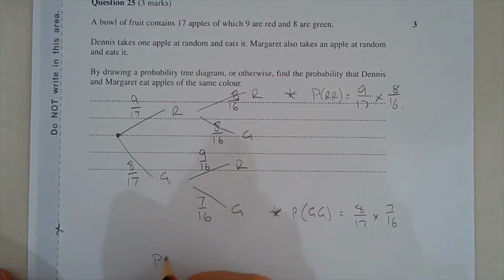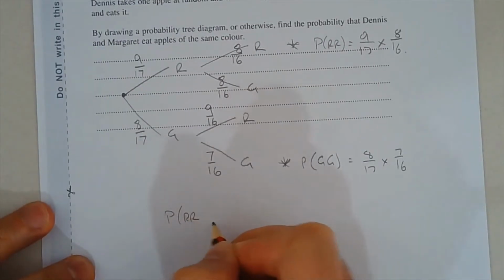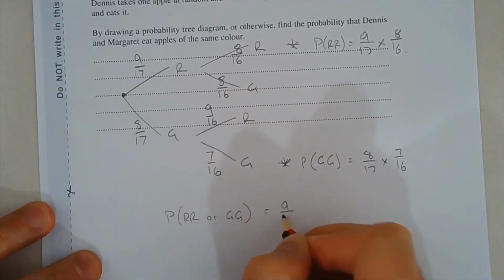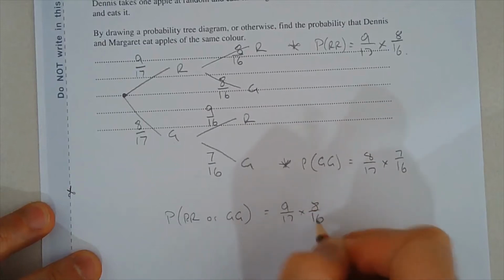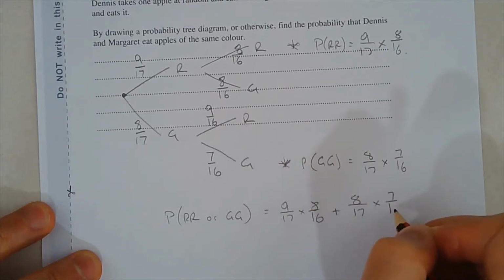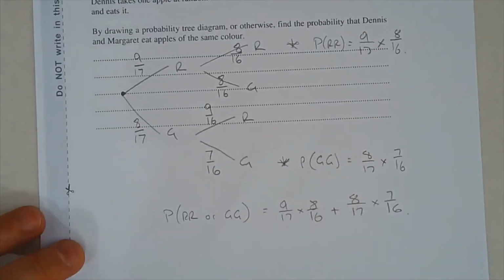So the probability of red red or green green is equal to 9 on 17 multiplied by 8 on 16 plus 8 on 17 multiplied by 7 on 16.